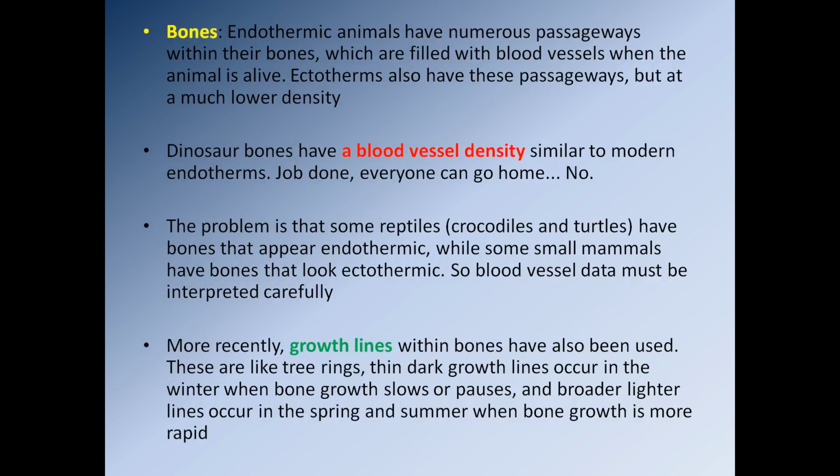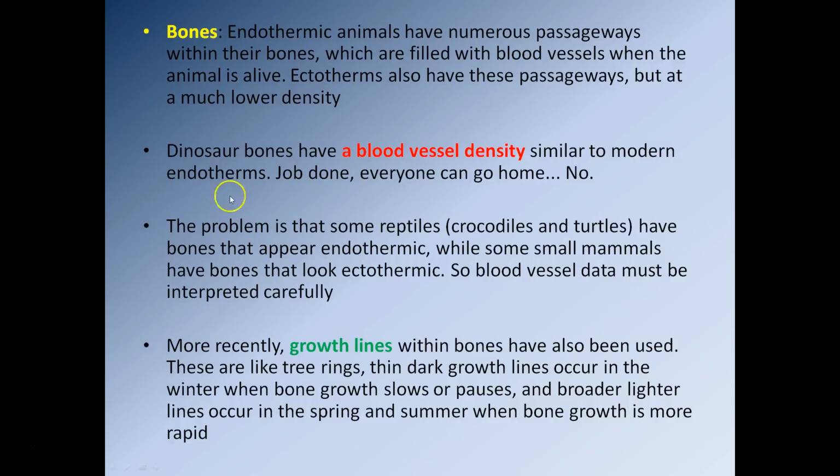So this essentially explains why warm-blooded animals have so many passageways in the bone to allow the blood vessels into it to keep the cells inside the bone alive. So in the case of ectotherms, because they have a lower metabolism, there's not such a requirement to get oxygen to the cells inside the bone quite as quickly, and so they require fewer blood vessels.